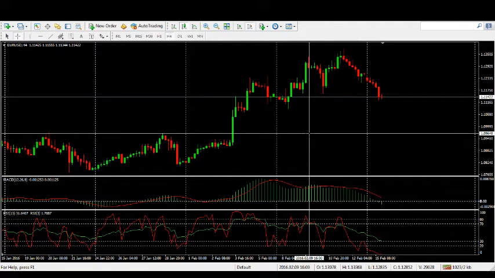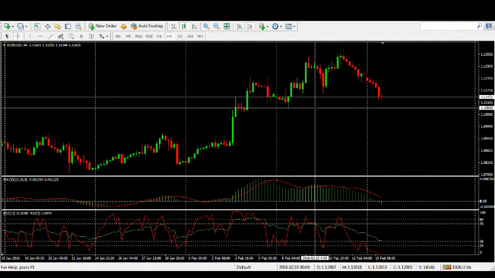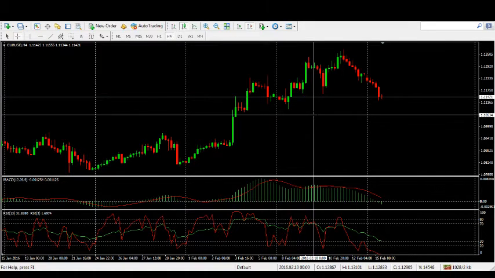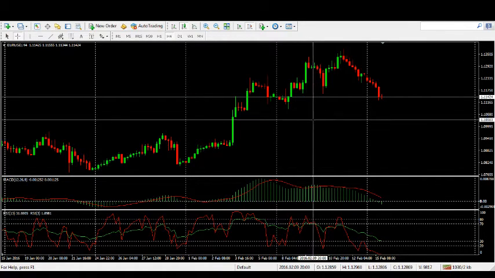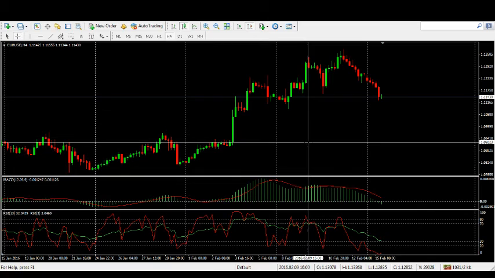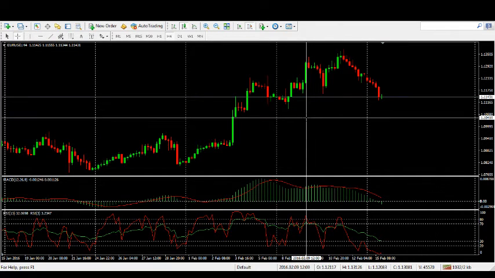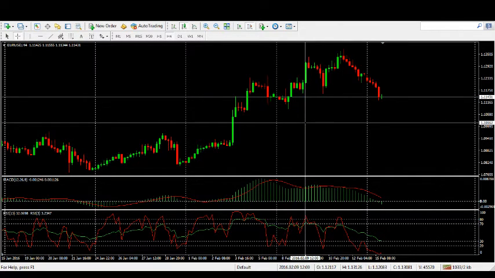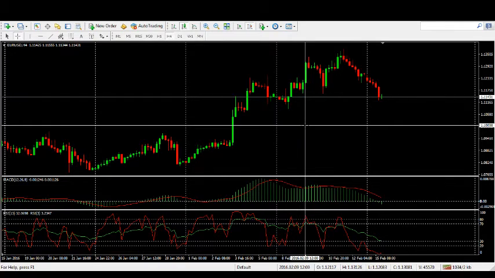Maybe 110.50, 110. Here is some strong support, 110.85 or 110.50. Maybe 110 is some, how can I say, psychological level.